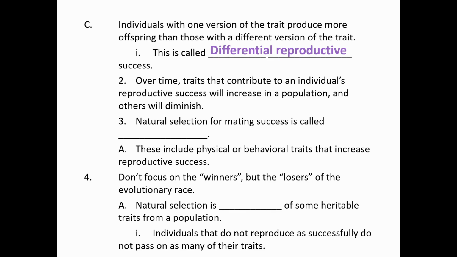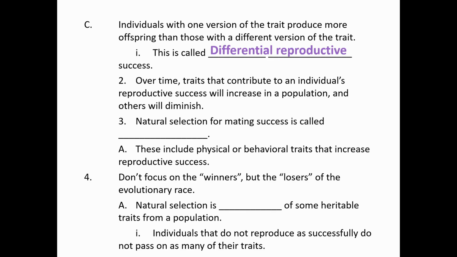So it's important to note, why does that happen? Why do some individuals reproduce more or do better than others? And in order to recognize that, we have to recognize another part of natural selection, and that is competition. So when we say competition, we mean that the resources we use, water, food, mates, shelter, all those types of things, are limited.